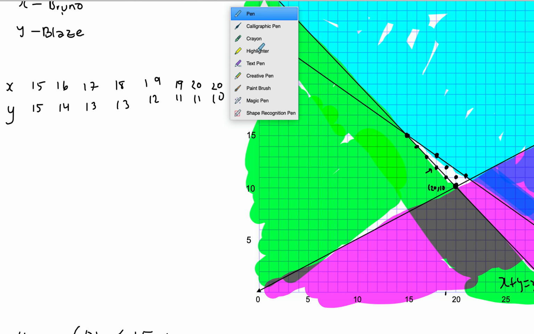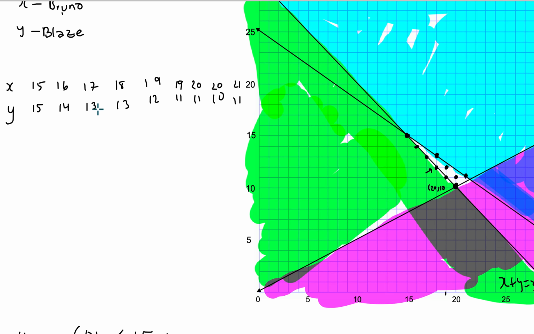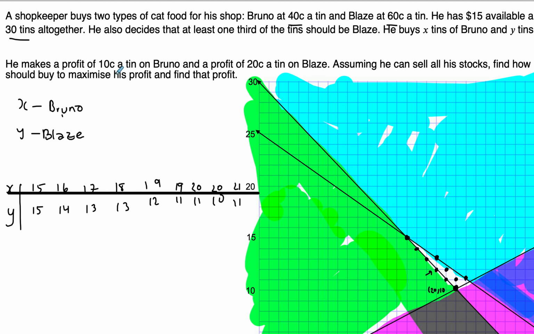So we have these values, and then using the formula for the profit, I can determine which one is going to give him the most profit. So the formula for profit is 10 for the Bruno and 20 for the Blaze.